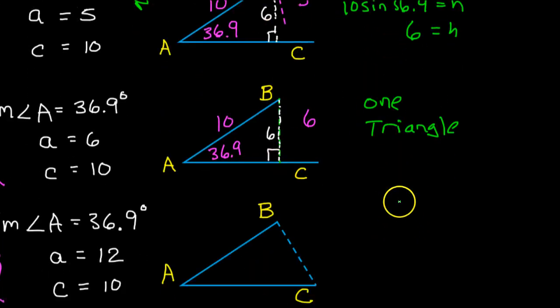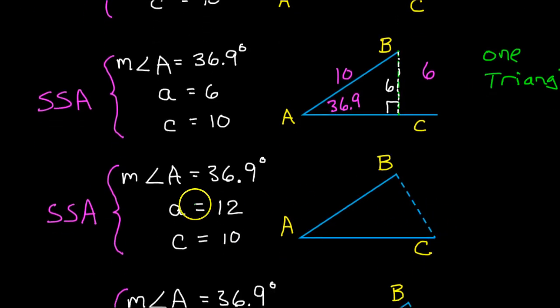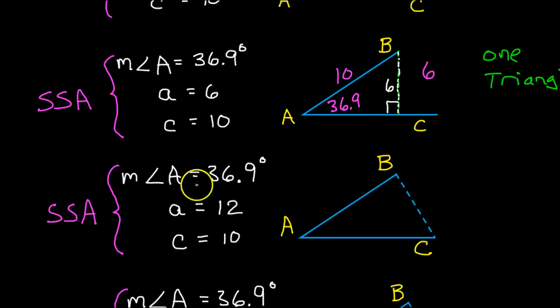Okay, but wait, there's more. So again, everything is staying the same except for side A. So angle A again will be 36.9 degrees. Side C, across from angle C, again will be 10, just like it was the previous two times.